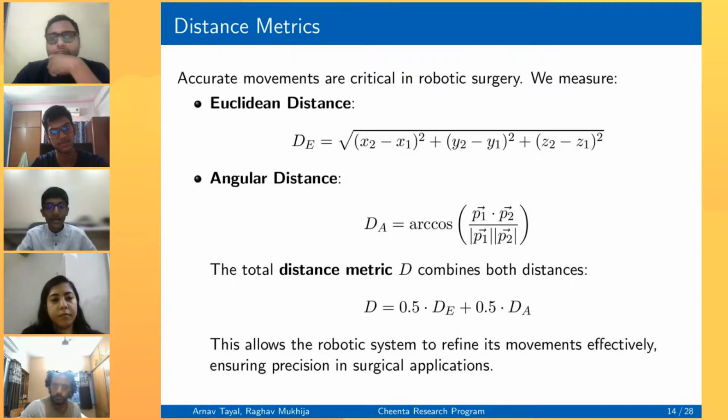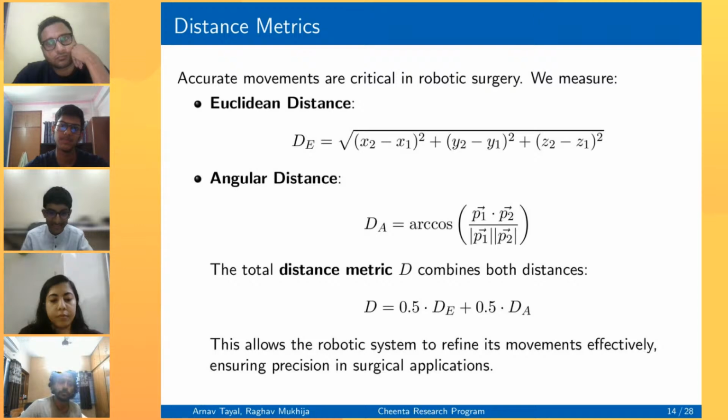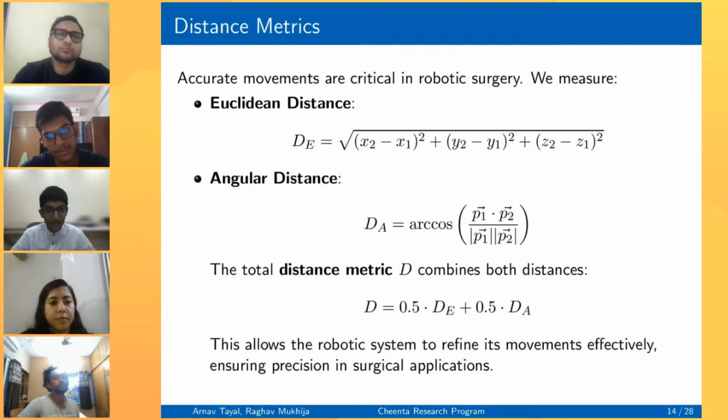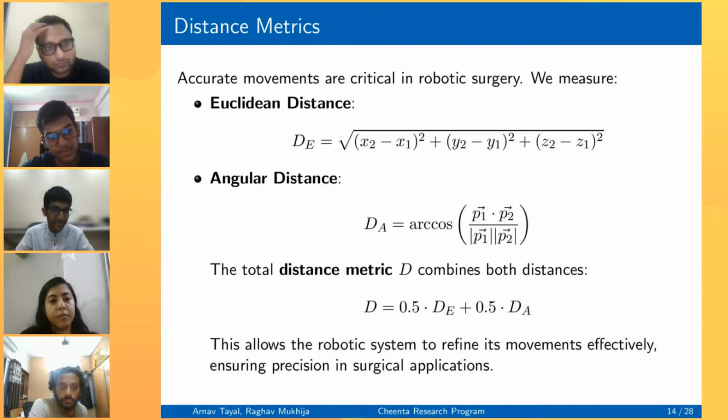Combining both of them, 0.5 of the Euclidean distance plus 0.5 of the angular distance helps us accurately change the robot from one state to another, having precise movements. There's one more technique that can be used: after you know the distance, you can apply this technique to have a refined movement. So, next slide, please.